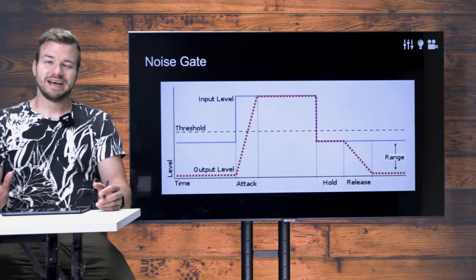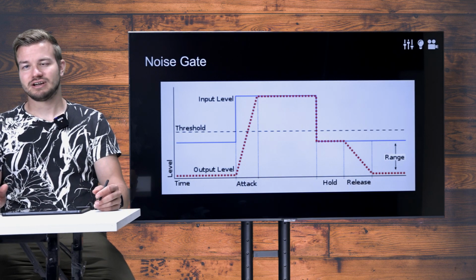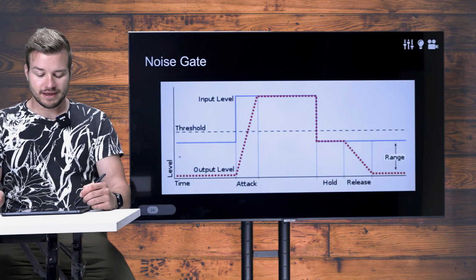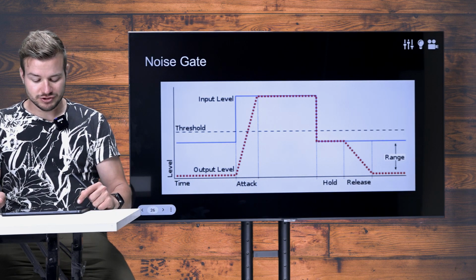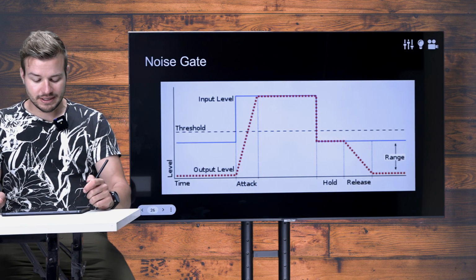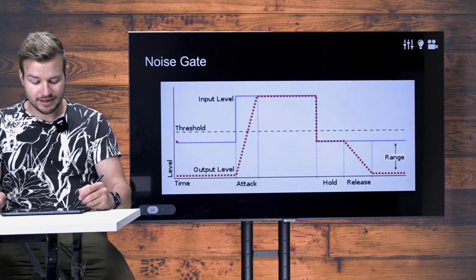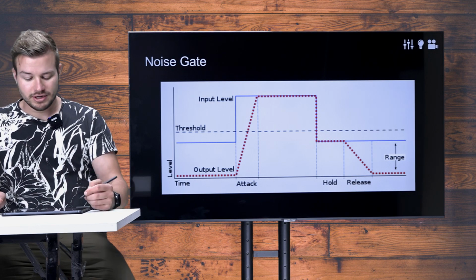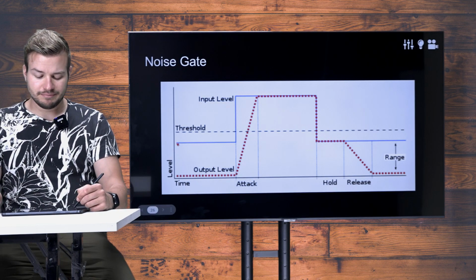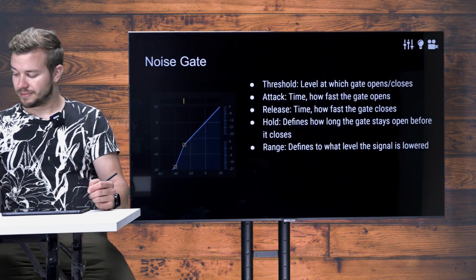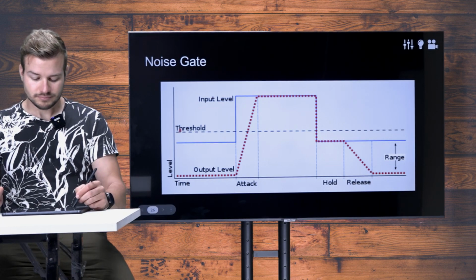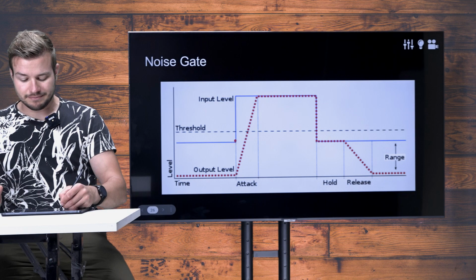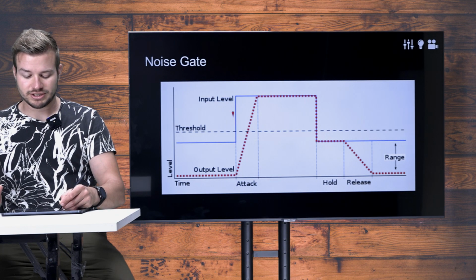So here we again have a signal graph similar to the one I showed you in the compressors video. What this signal graph shows is again an input level, which is the blue curve here. At the beginning the input level is below the threshold, which is this one here, and at a certain point it surpasses the threshold.